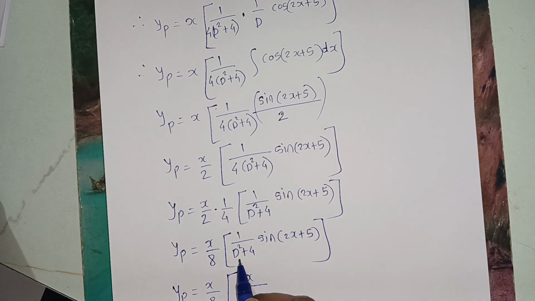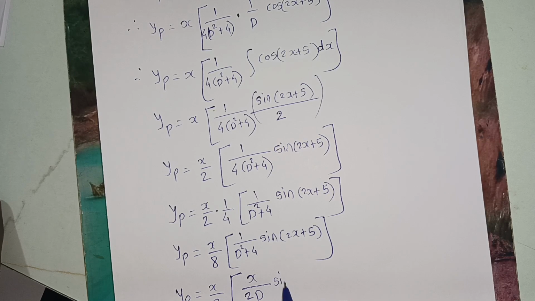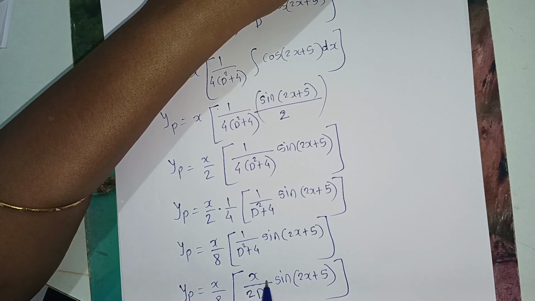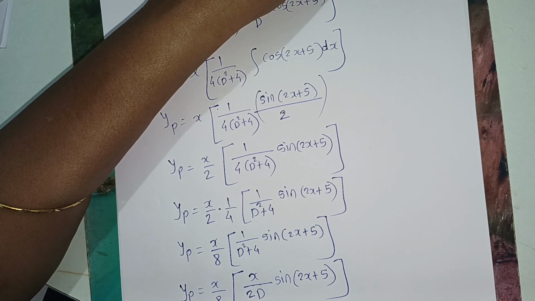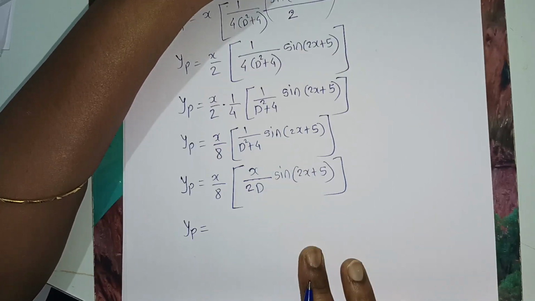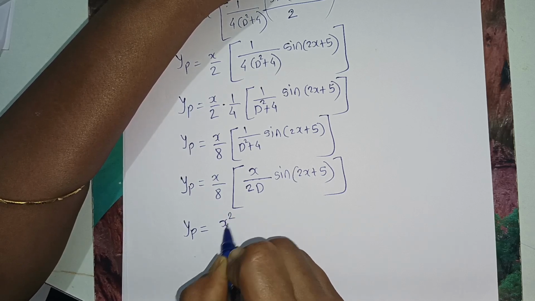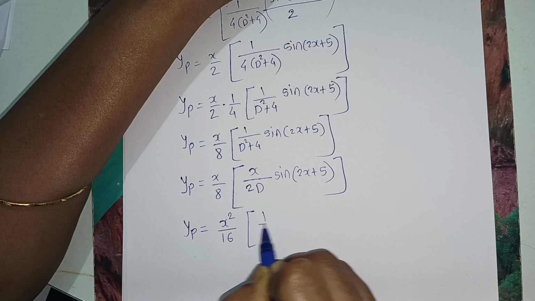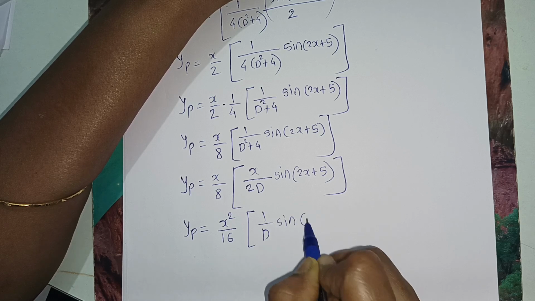Okay, so the derivative of D square plus 4 is 2D, sin of 2x plus 5. Again you have 1 by D, simple 1 by D. Taking this x by 2 outside the bracket, you will have yp is equal to x square by 16, okay, 1 by D sin of 2x plus 5.